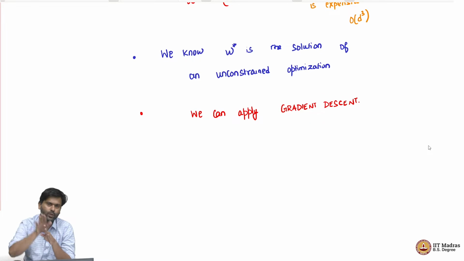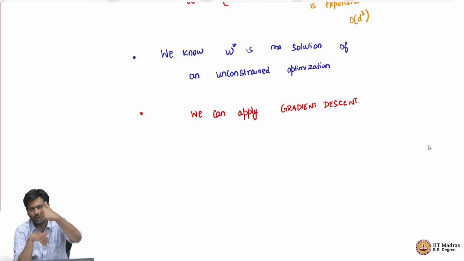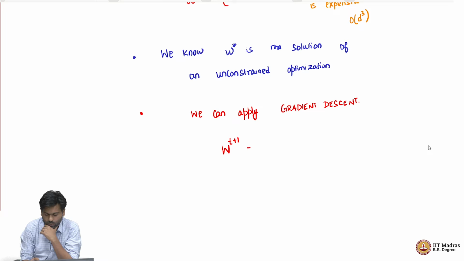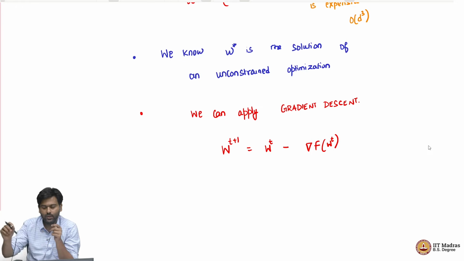So, the gradient would tell you which direction you have to climb the mountain. The negative of the gradient would tell you the direction in which you have to move so that you reach the bottom of the mountain, right. So, you kind of reduce your function value. So, the update rule would be Wt plus 1 equals Wt minus the gradient of the function, any general function, evaluated at Wt, but then you do not take a full step necessarily in the negative gradient direction.